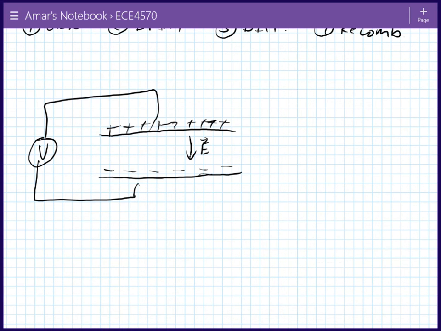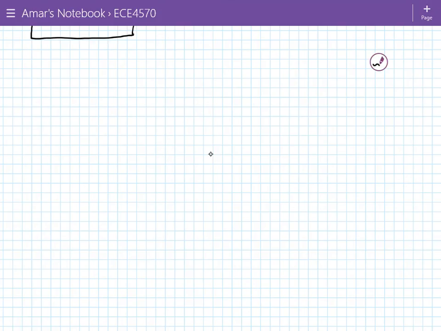Let me just remind you from circuits, the symbol for a diode is something like this. So this is a diode symbol here.